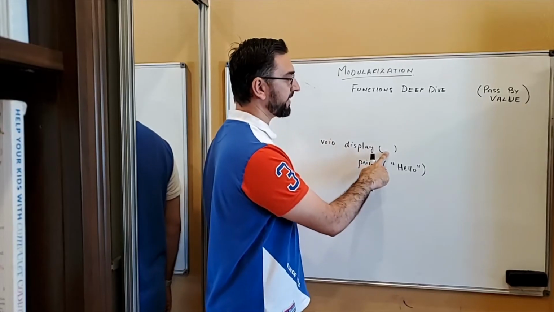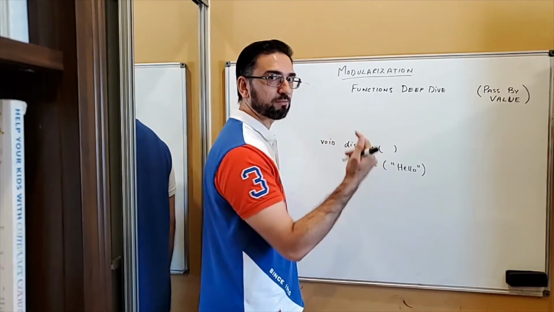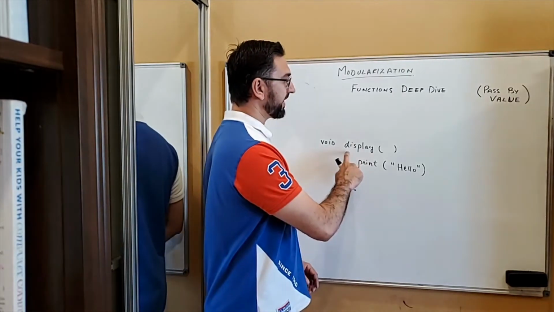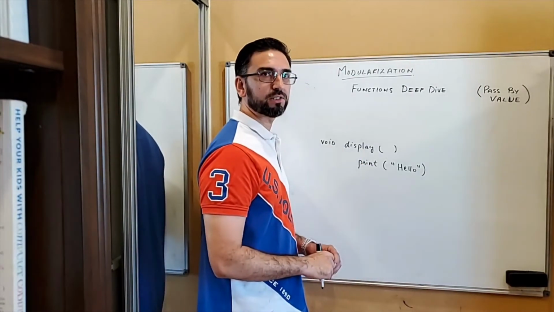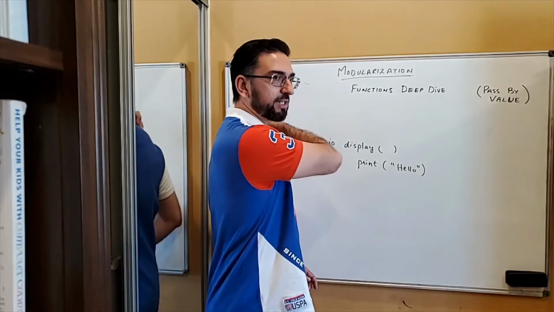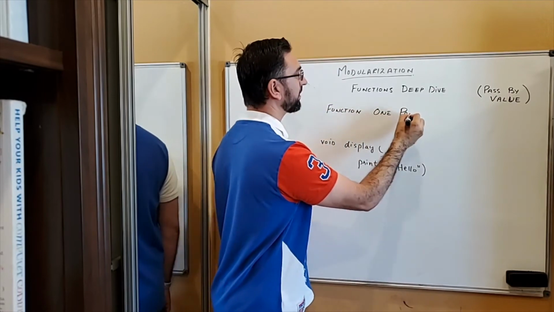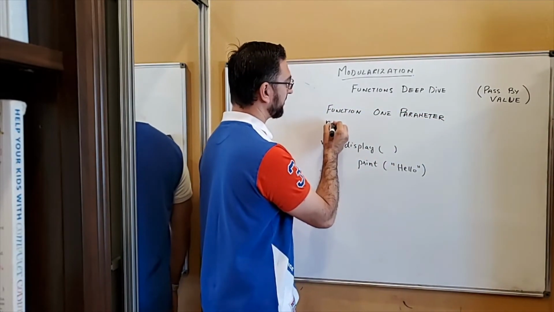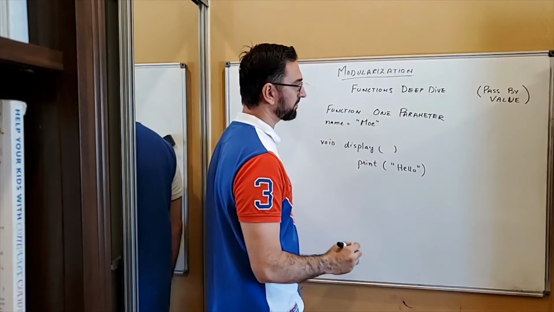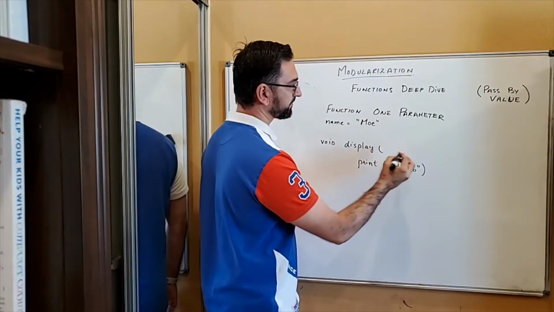If you want to send a greeting to a person, whose name we input from somewhere else, in this case we have to tell the display function the input value or the name of the person so that it can greet that person. So some functions take input. If I have a variable name, Mo for example, I need to pass this name to this display function in a parameter.